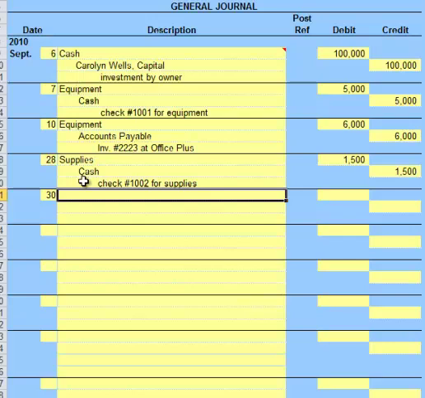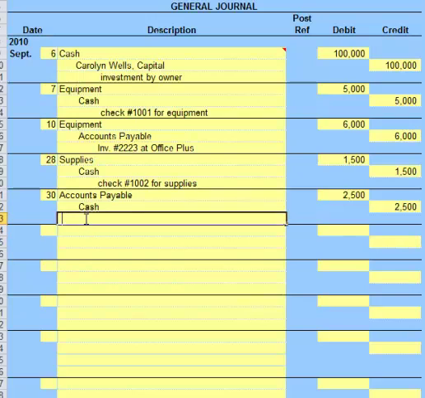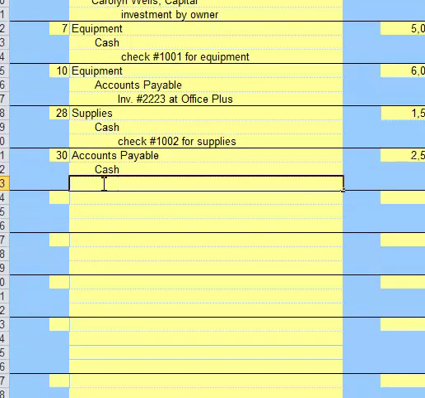So we're going to debit accounts payable for $2,500. And I'm going to credit the cash account because I wrote a check. And then the little description is going to be check number 1003 to Office Plus.